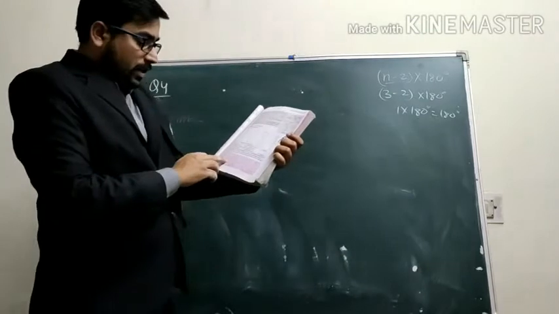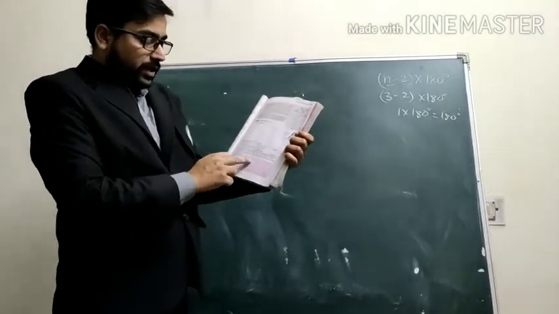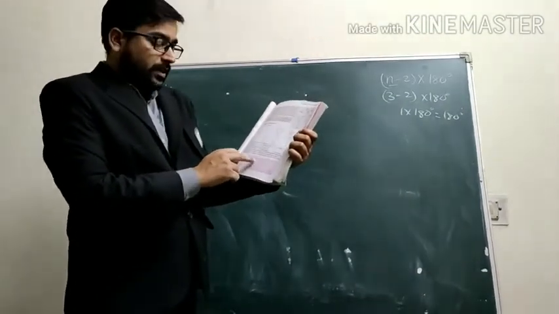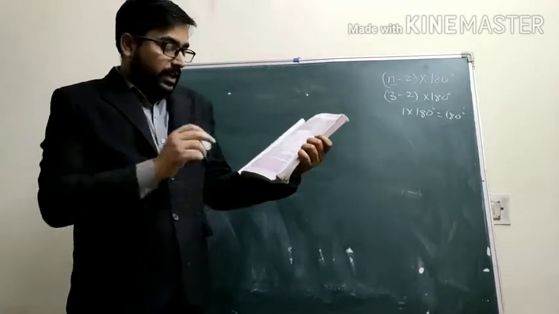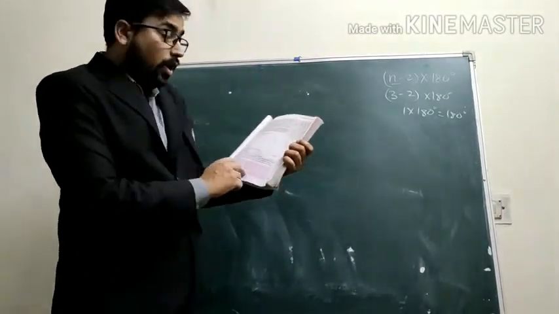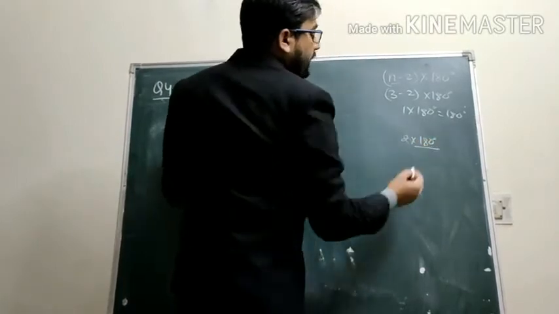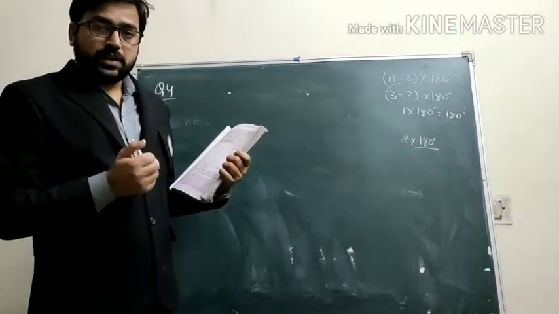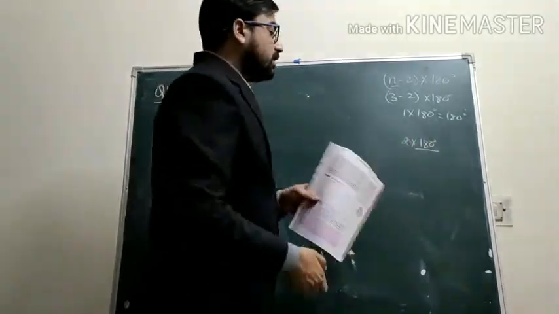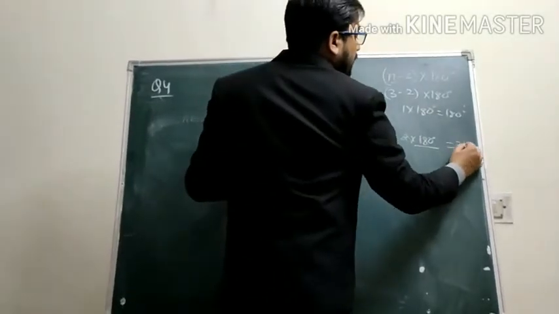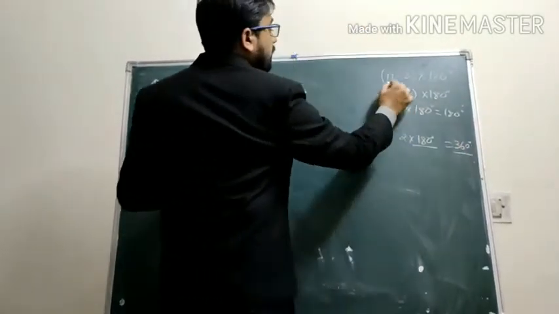Now in the next figure, a quadrilateral, a 4-sided figure, it is divided into two triangles, that is 2 into 180 degrees. That means one triangle angle sum is 180 degrees, so two triangles give 360 degrees.